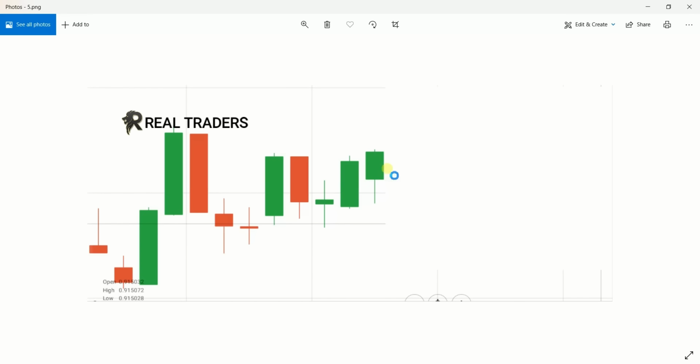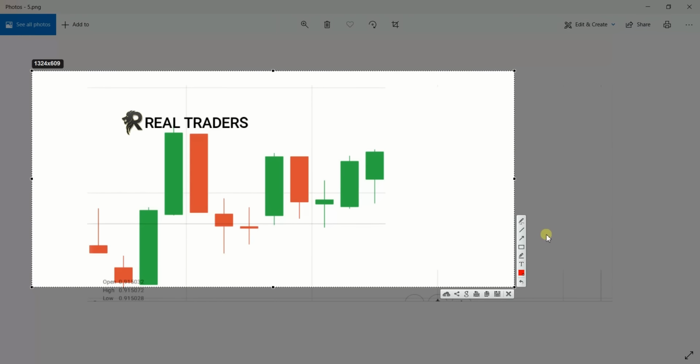Okay, now here you can see there is a breakout of this level. You can see it broke this level very strongly, and we just want to trade with the SNR levels.